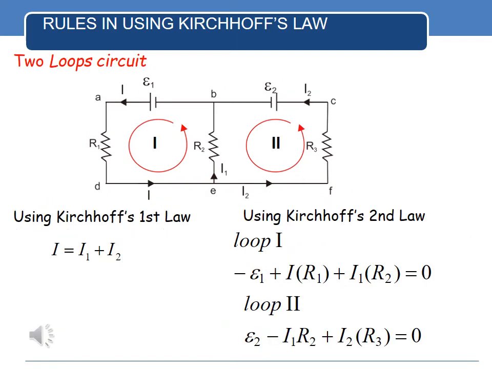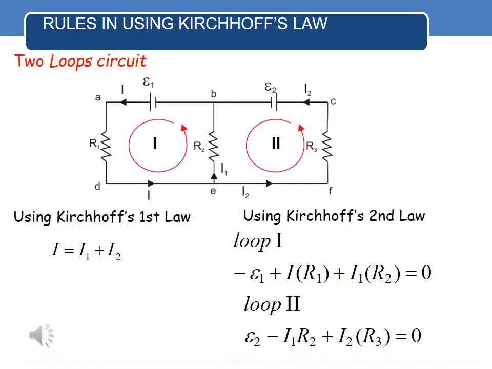This is an example of how to use Kirchhoff's law in two-loop circuits. First, we draw the direction of the loops in each loop. Using Kirchhoff's first law, the total incoming current at a particular junction has to equal the total outgoing current from that junction.